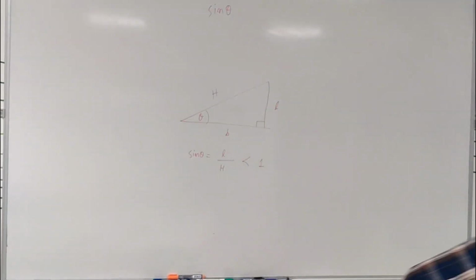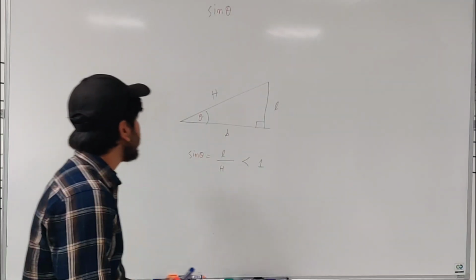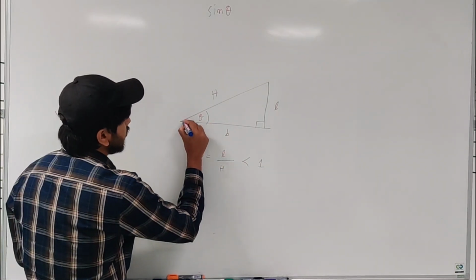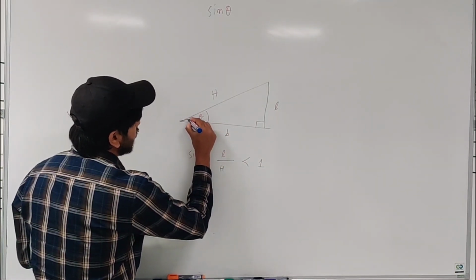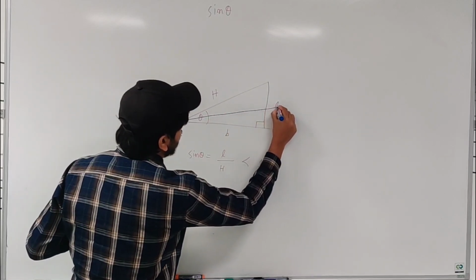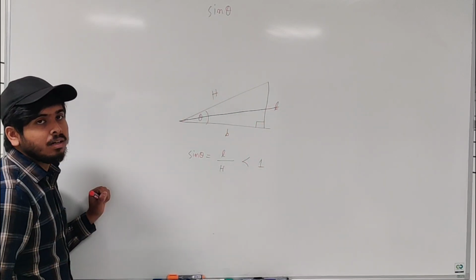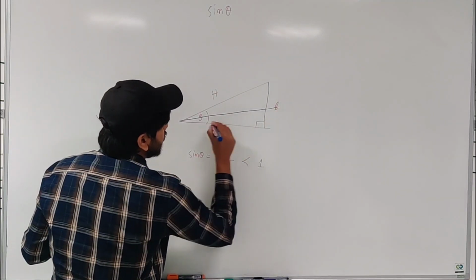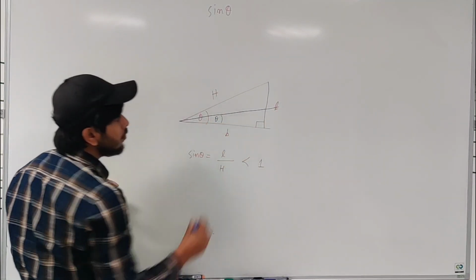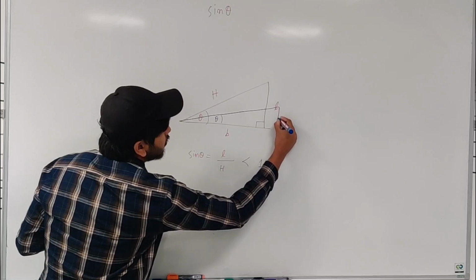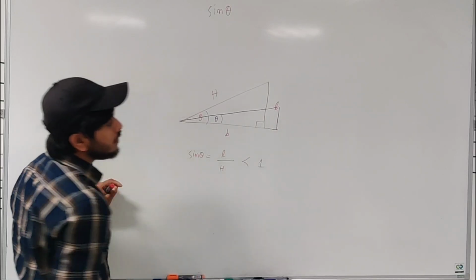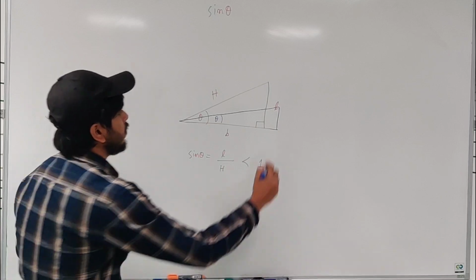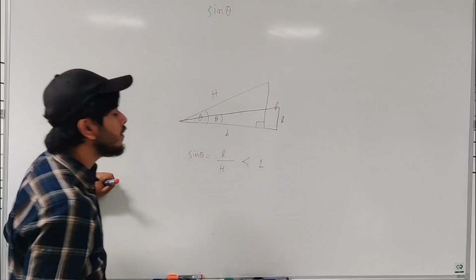Now what happens if we reduce the angle theta, keeping the hypotenuse, capital H, the same? Then this is my new theta in blue. Now we draw another perpendicular. You can see that capital H is kept the same, but now my L has reduced.